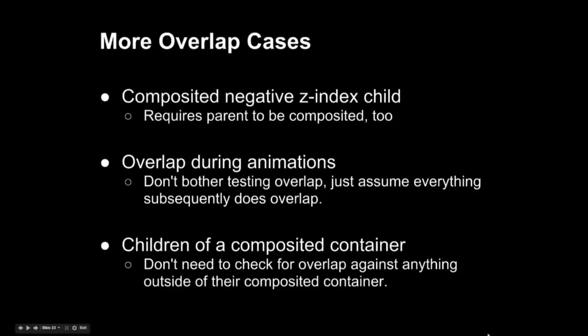Okay, so there are some other cases where overlap becomes interesting. Animations in particular is an interesting one, where it's actually not really practical to predict what will overlap an animated layer at any given time. So instead, we just assume that everything on top is going to overlap, even if it doesn't.